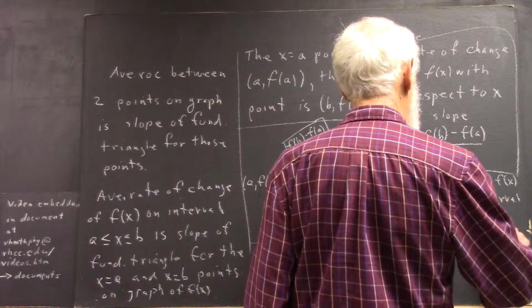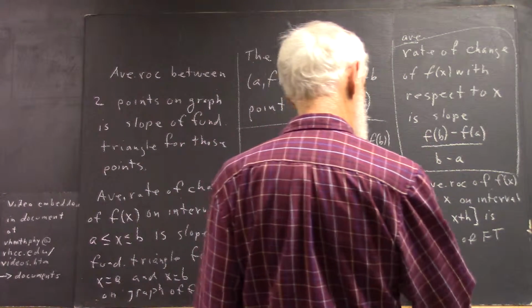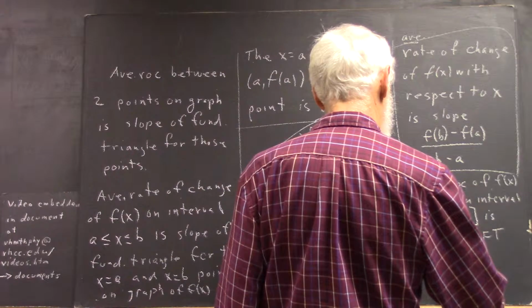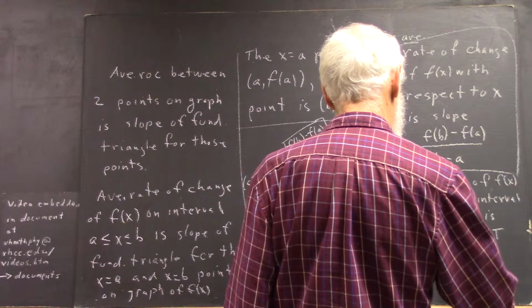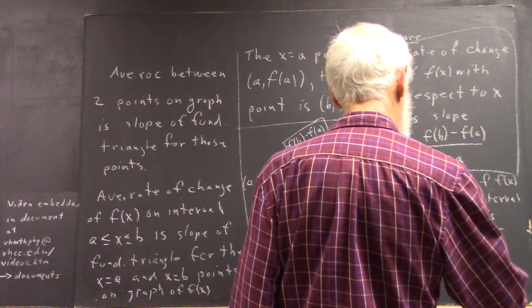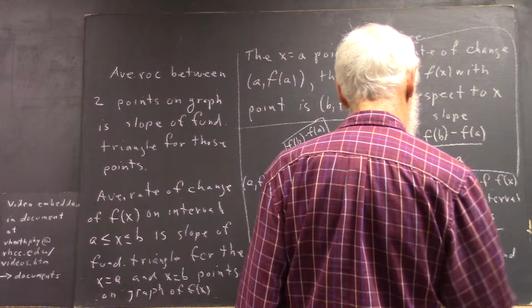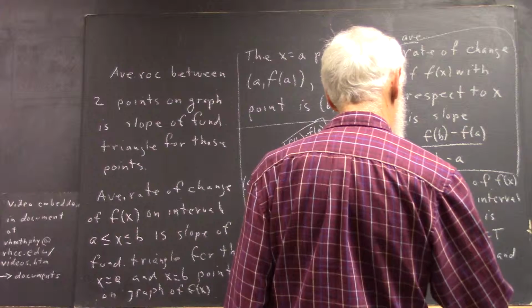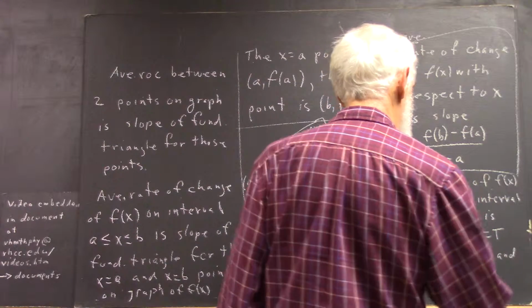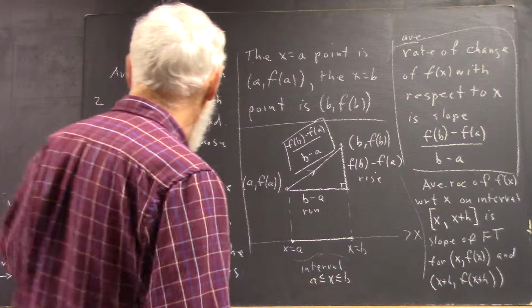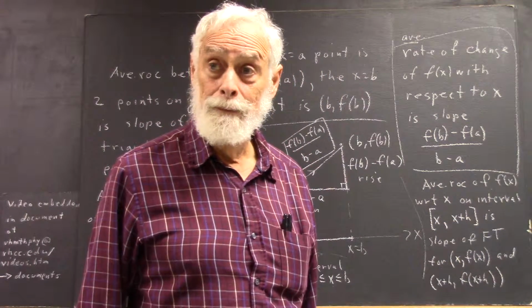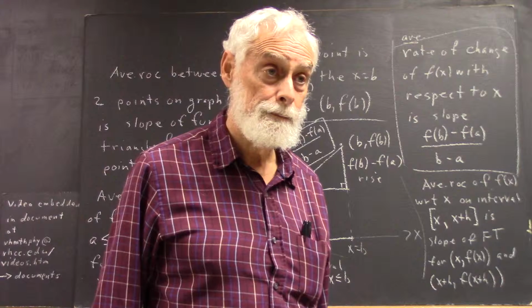So that'd be the slope of the fundamental triangle for the point x, f of x, and x plus h, f of x plus h, because now you don't have a and b, you've got x and x plus h. And usually you give the value of h.